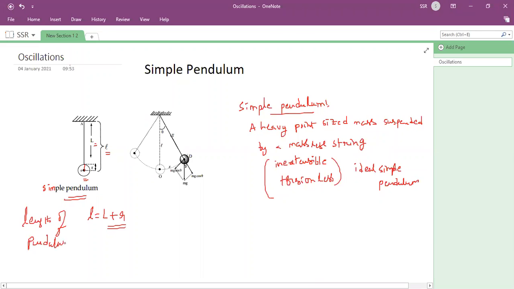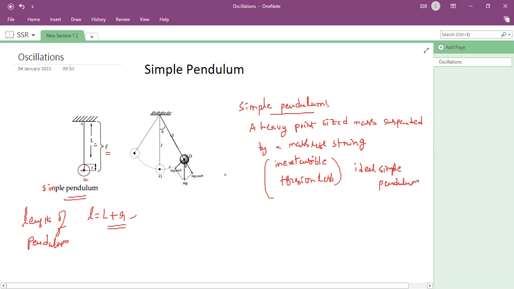Are you clear on this? Small l is the length of the pendulum, whereas capital L is the length of the wire or string connected, and r is the radius. That is the difference. But in reality, how do we define a simple pendulum?